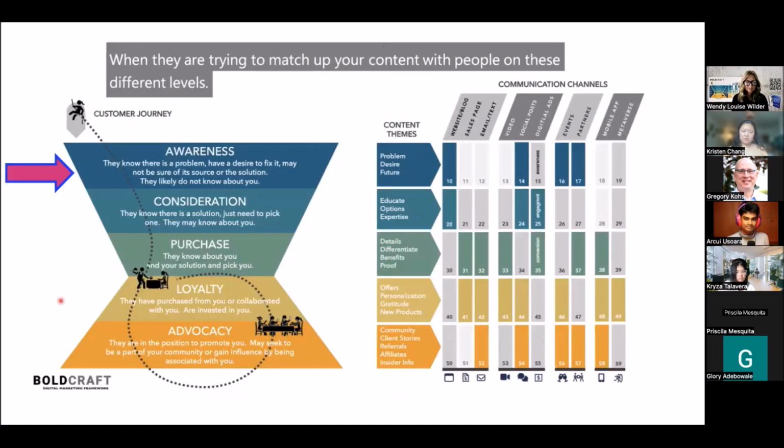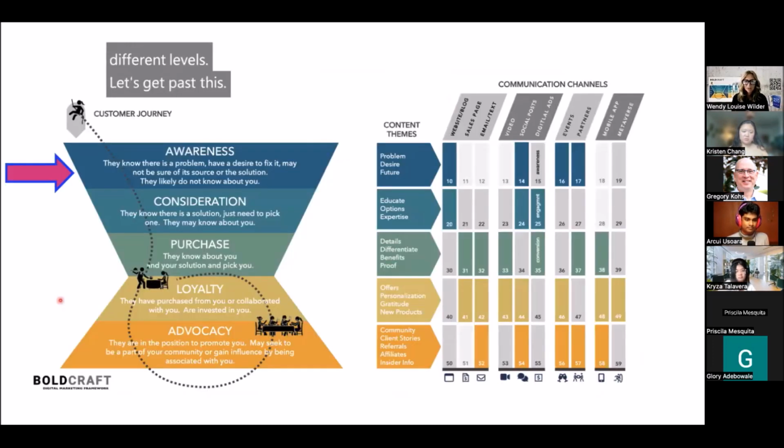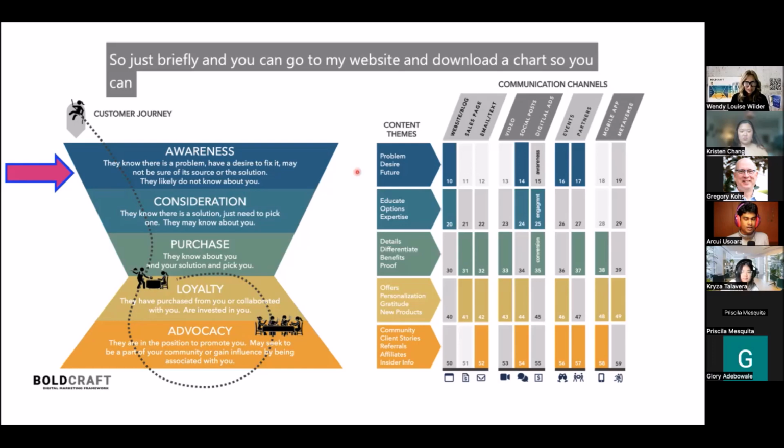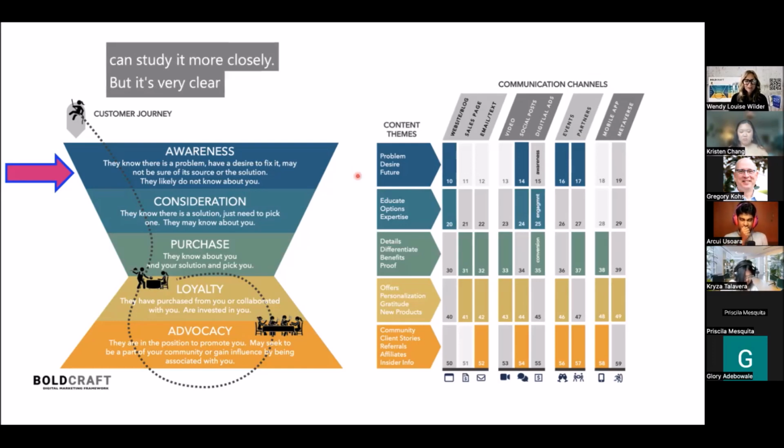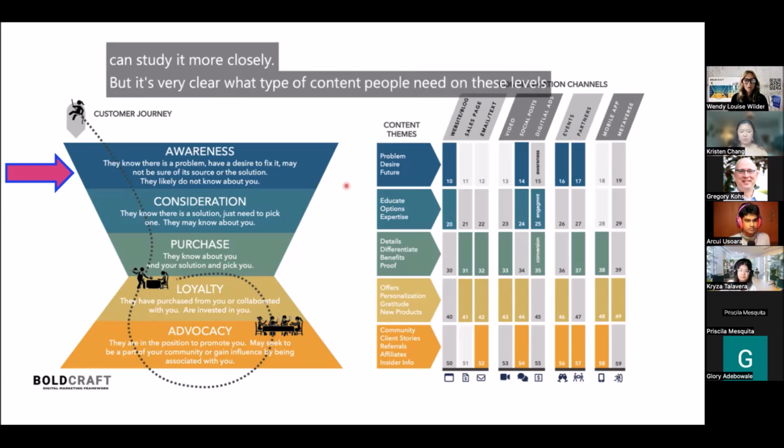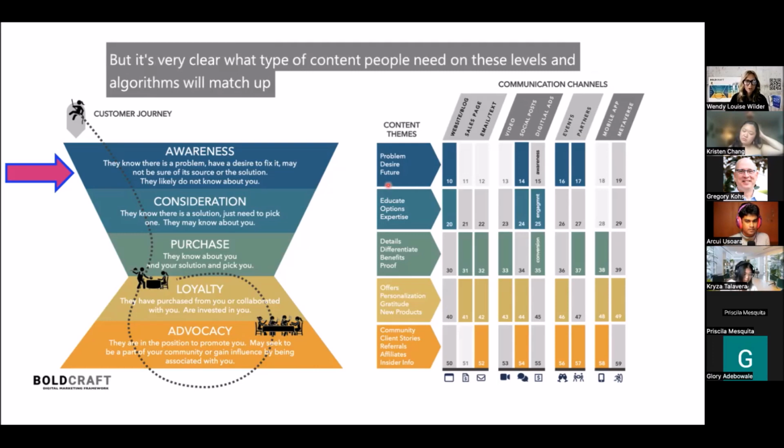Skip past this. So just briefly, and you can go to my website and download a chart so you can study it more closely, but it's very clear what type of content people need on these levels, and algorithms will match up your content with the person who's at that level.